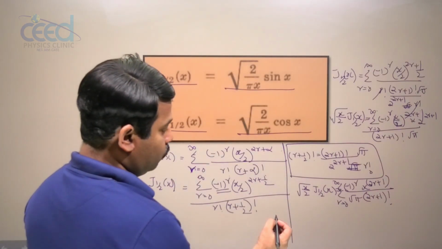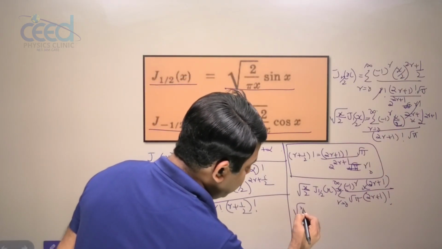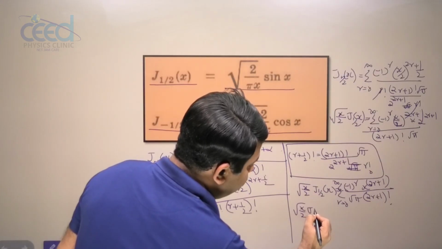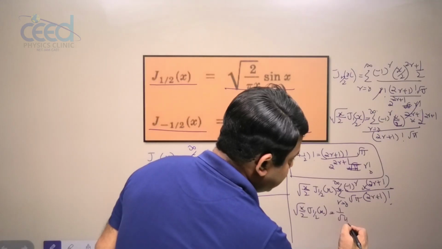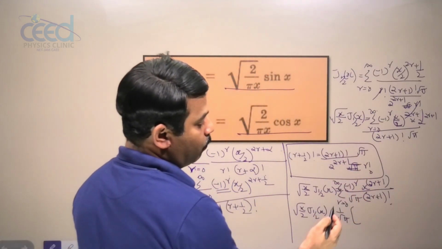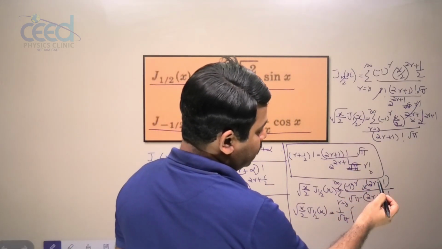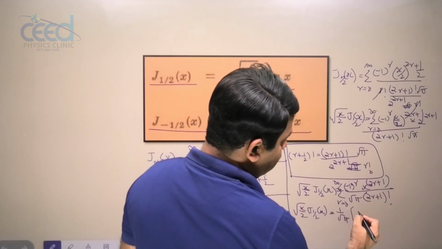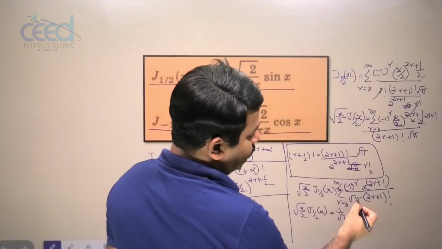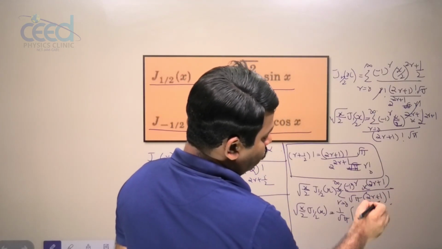Now you can give values. We can give root x by 2 J_{1/2}(x) is equal to 1 by root pi, we can take out, put r = 0, then this is 1, this is x, right. Now r = 0 means x, root pi taken out, 0 means 1 factorial.